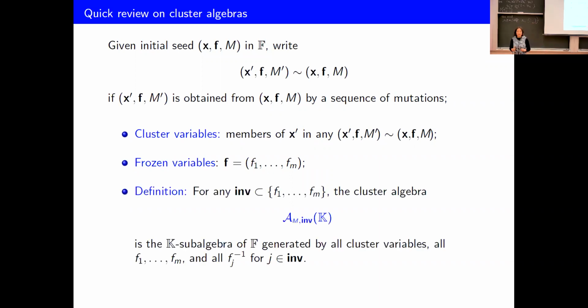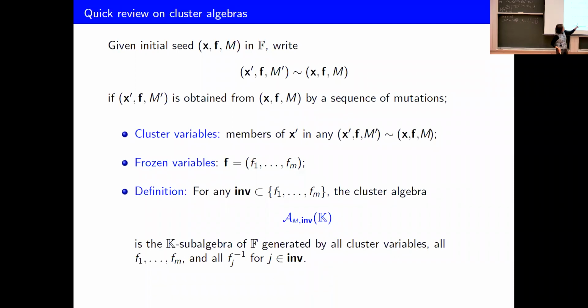Now we are defining a cluster algebra. Again, it's a subalgebra of this ambient field F. Remember, everything takes place inside the ambient field F, the fixed field of rational functions of transcendence degree n plus m.